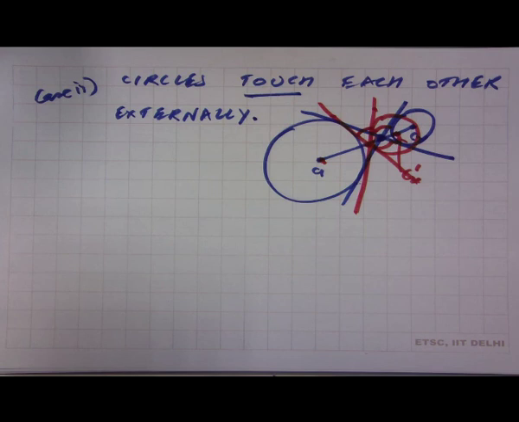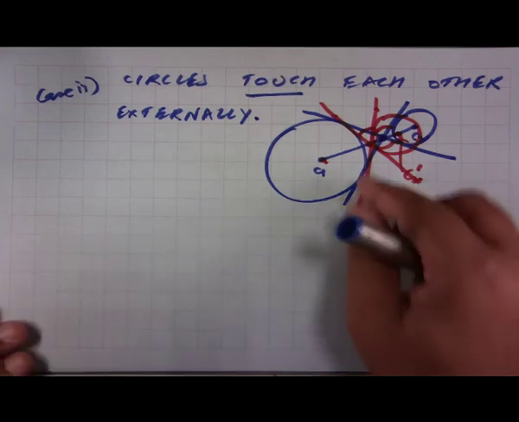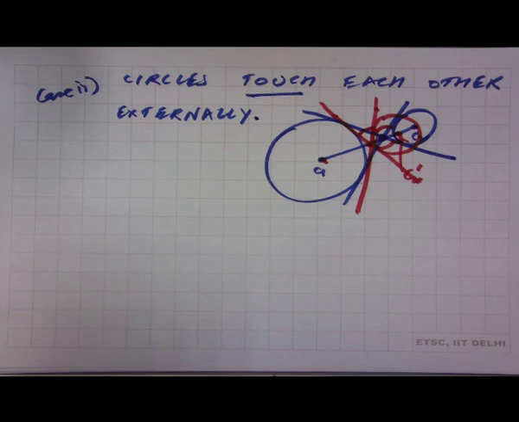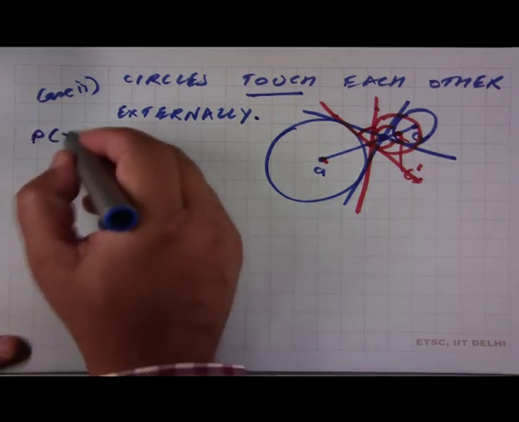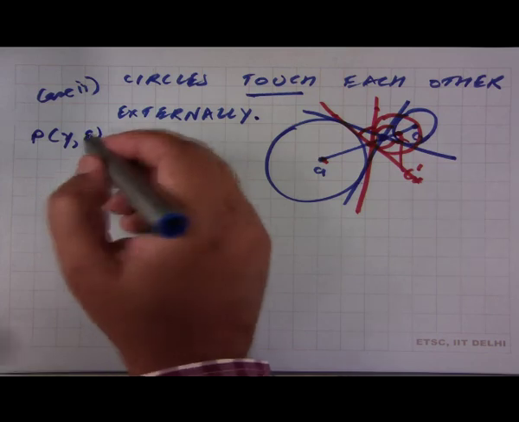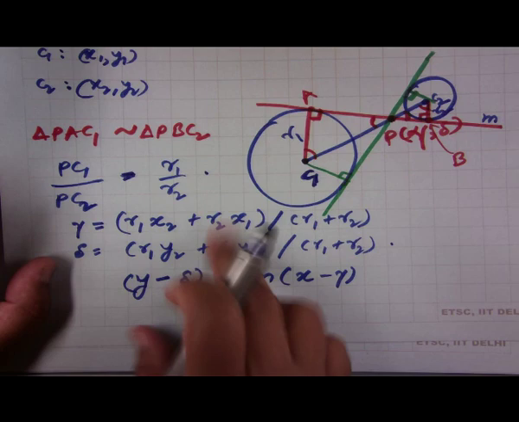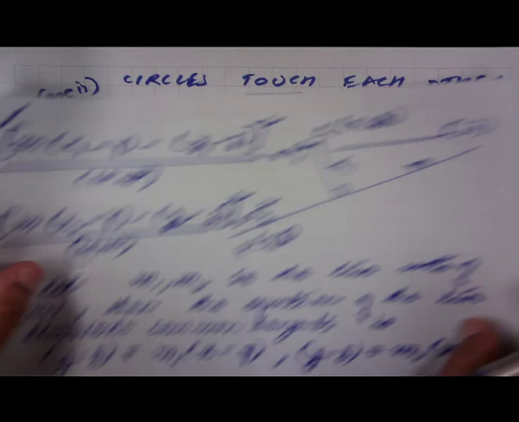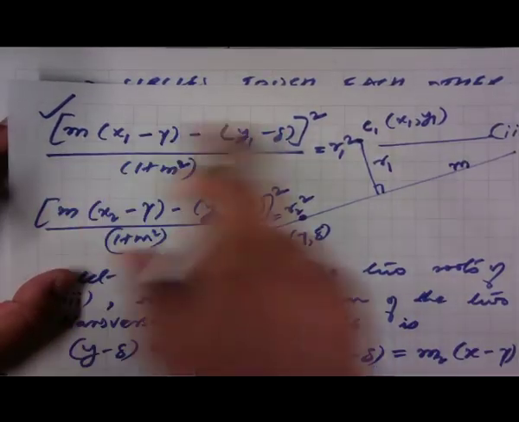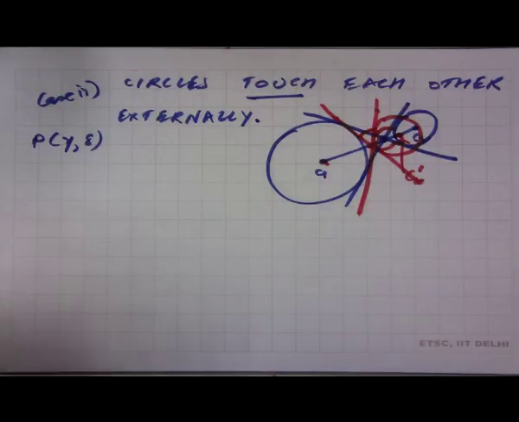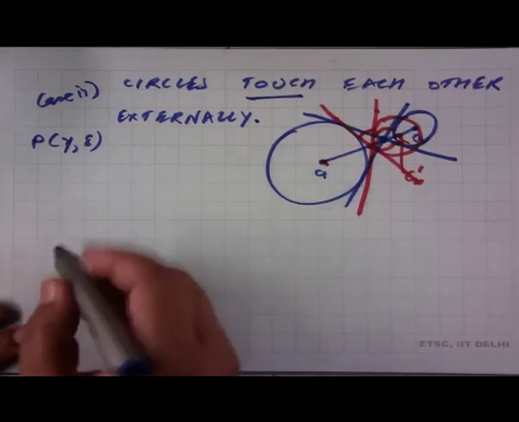So, to see that, if we recollect the coordinates of the point P was gamma comma delta, where gamma and delta were given by these two equations, and if we open up this particular quadratic equation, a little bit of simplification gives us this quadratic equation.